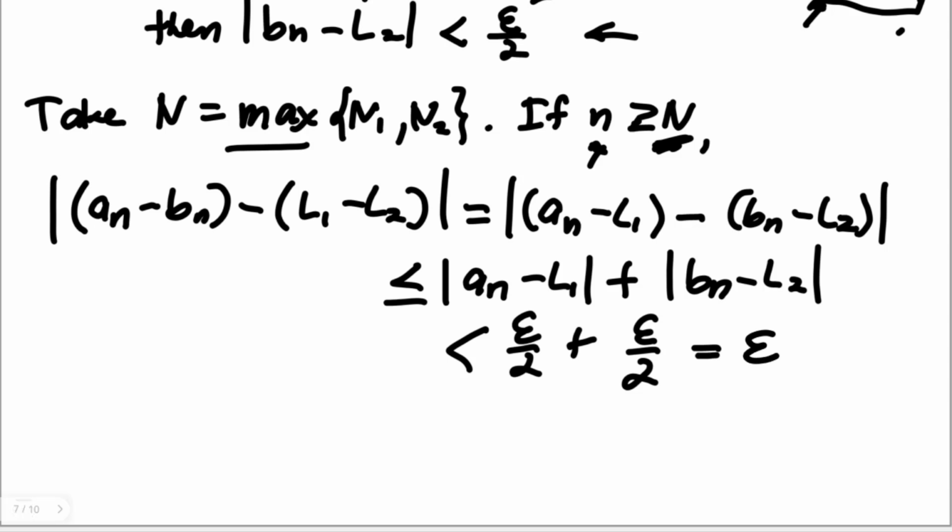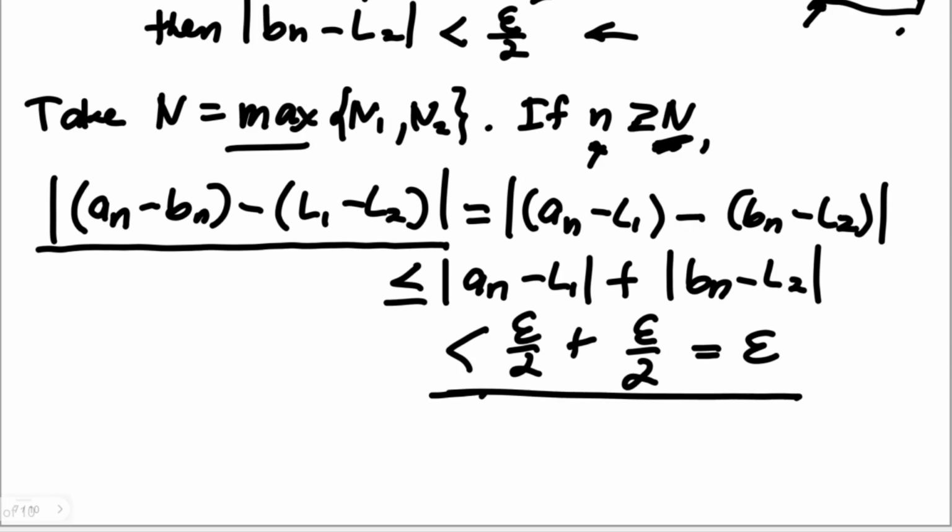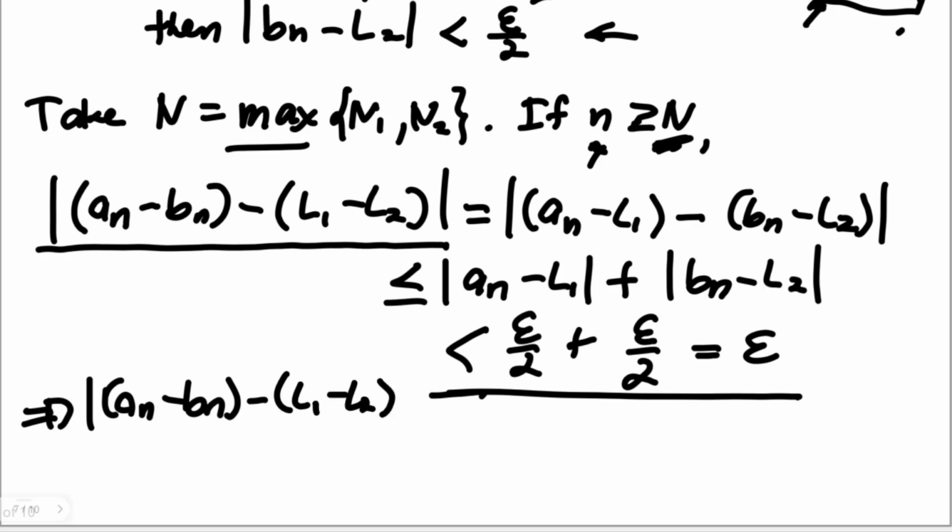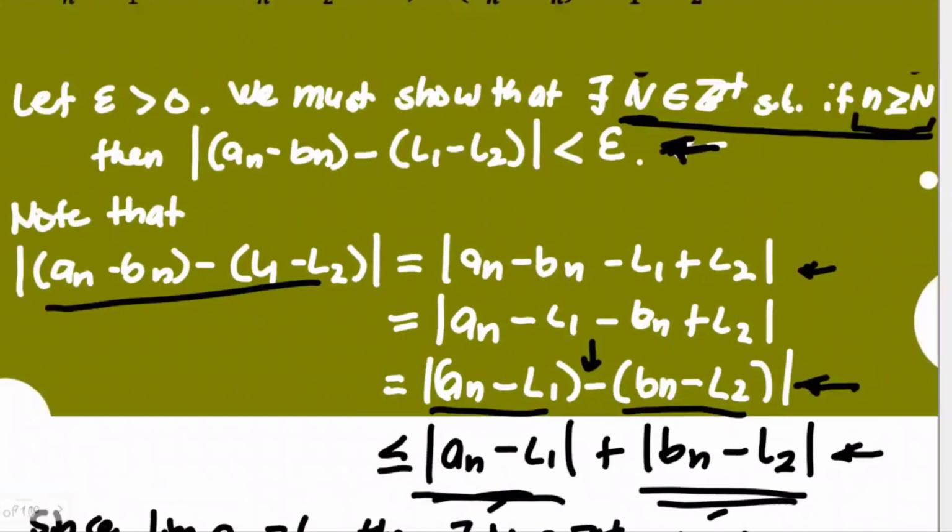Look into this, just simply this part here and this part here. So we have shown that the absolute value of a sub n minus b sub n minus L sub 1 minus L sub 2 is less than epsilon. And this is actually what was our goal earlier.